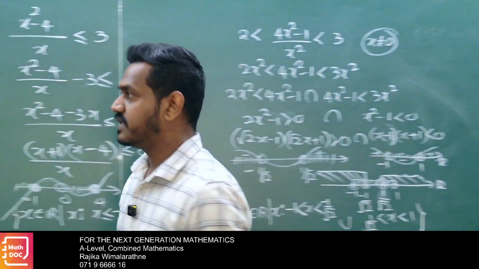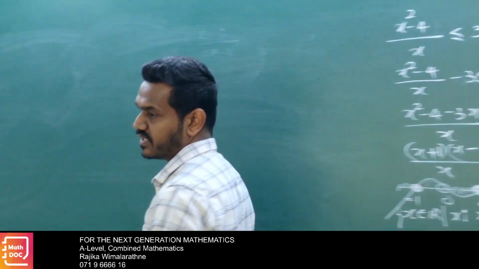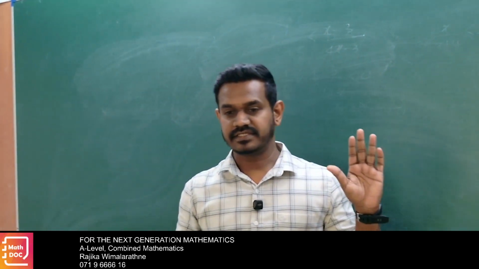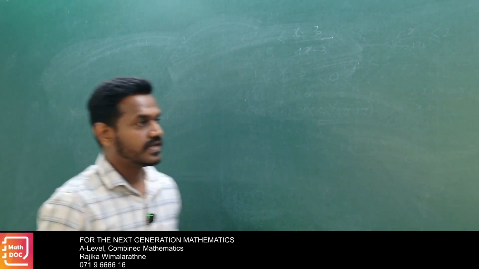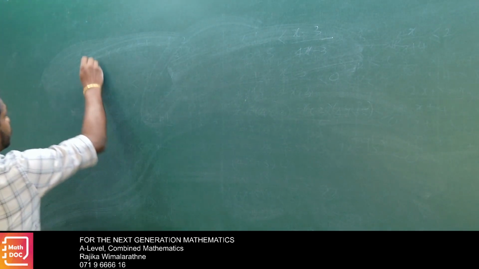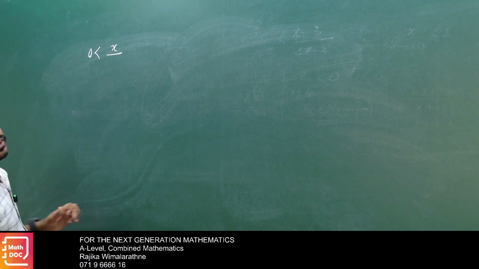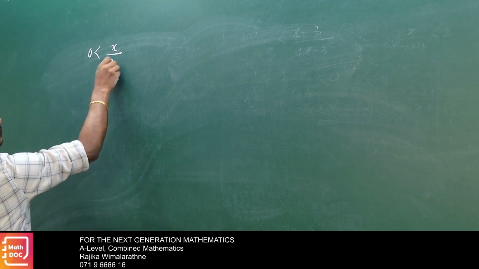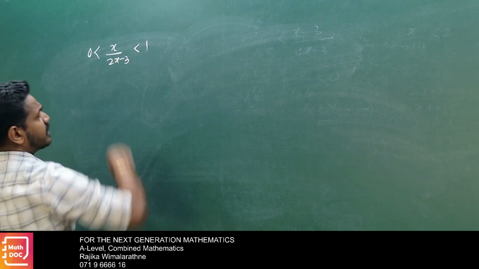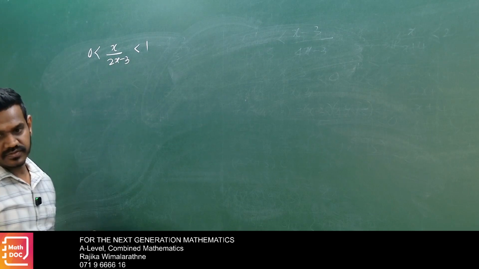Then the last one, again a double inequality. Check your answers. So given here x over 2x minus 3 is between 0 and 1, no?